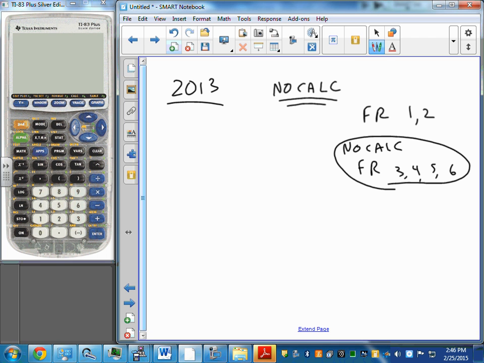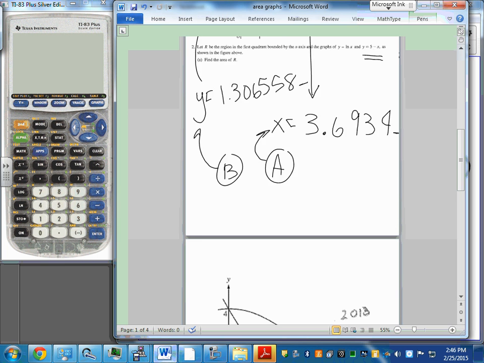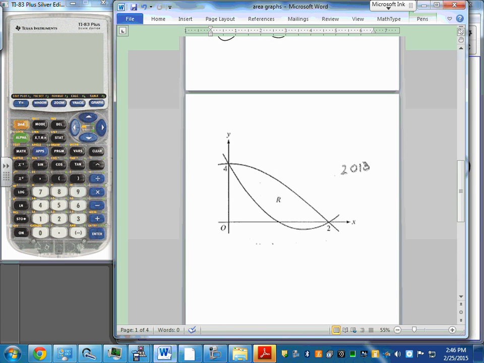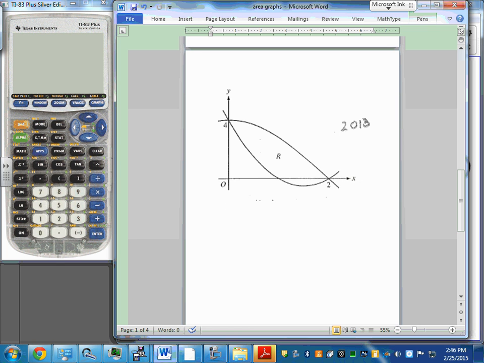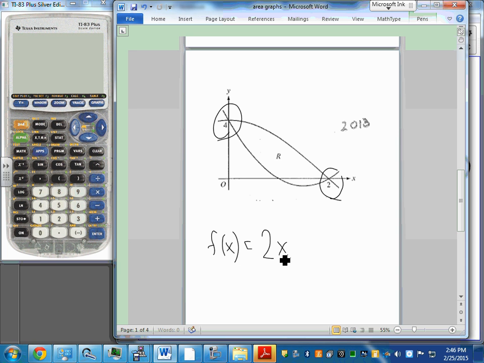And here's the document that I've got. 2013. We have this region. They do tell us that this point up here is 4, and this point is 2, so those numbers are given. And then they have f described as a parabola, 2x squared minus 6x plus 4. You have to know some basic ideas on algebra.